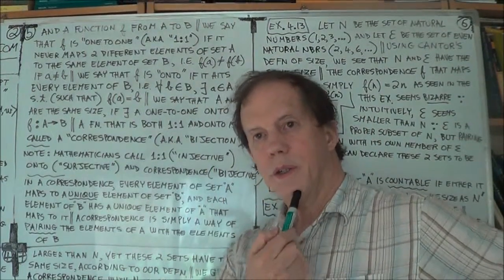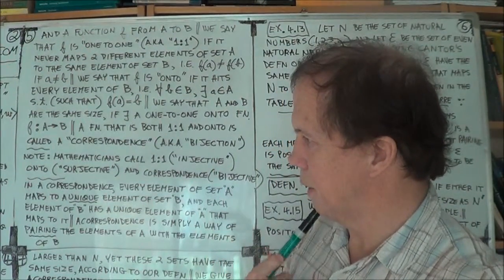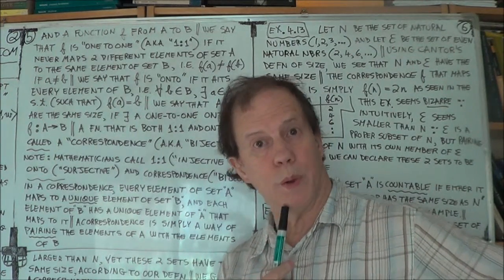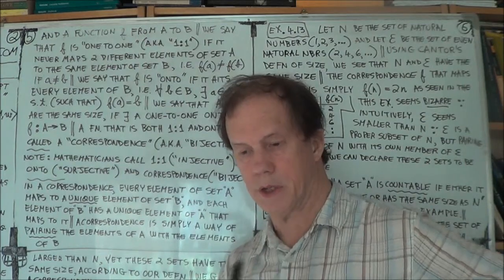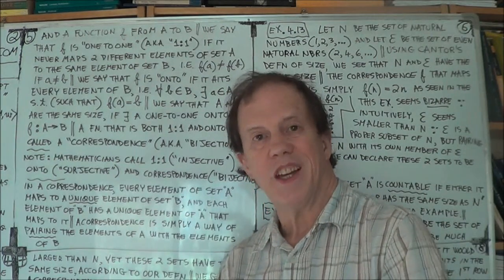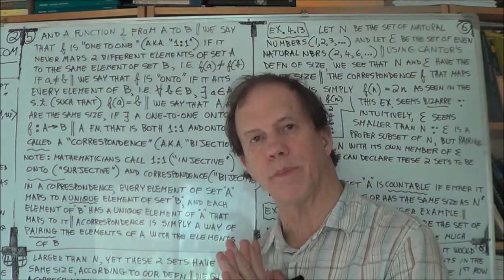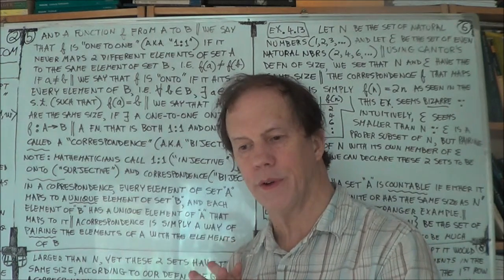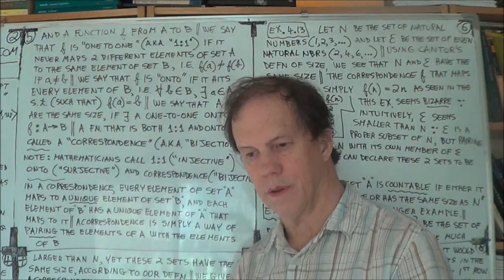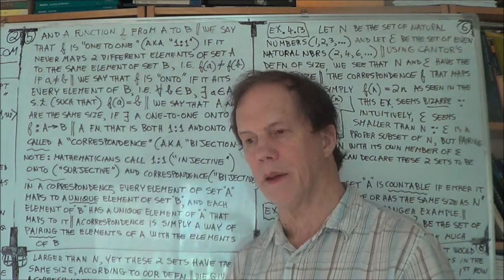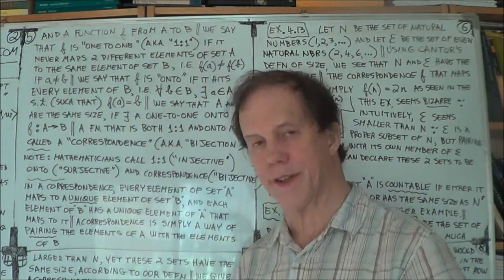Now this session and the next, this board, three whole sessions on this diagonalization technique, which is a critical component in the proof that the language A suffix TM is undecidable.